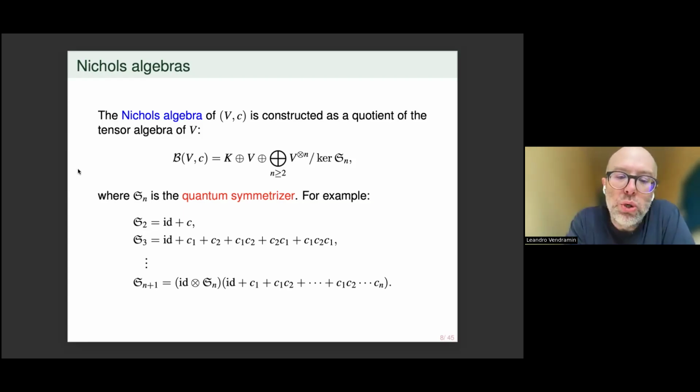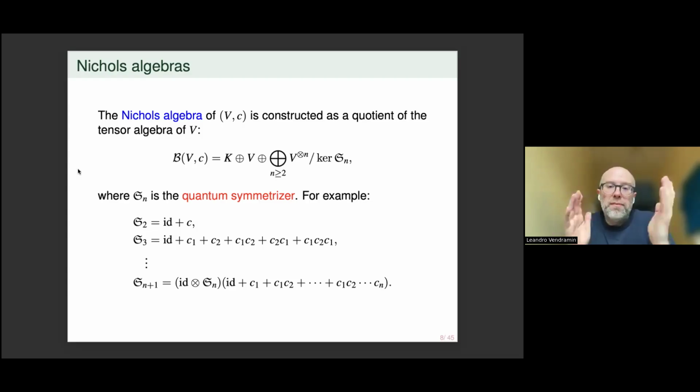In fact, what you do to get this is to run over all the elements of the symmetric group S3 and then decompose every element as a product of elementary transpositions. And then instead of using the elementary transposition, say Ti, you replace this by the map Ci using this representation of the braid group I defined before. And this is how you define all the quantum symmetrizers. In general, you have this recursive formula.